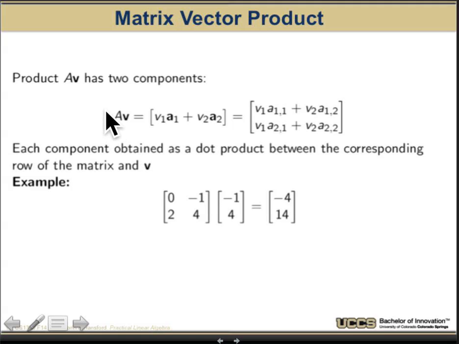So I have a matrix A and a vector V. Then we're going to define that as V1, the value of V1, times the column vector A1 of A, plus the value V2 from the vector V times the column vector A2, which you can see gives us a vector: V1 A11 plus V2 A12, V1 A21 plus V2 A22.